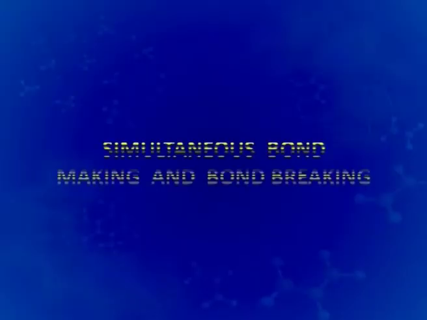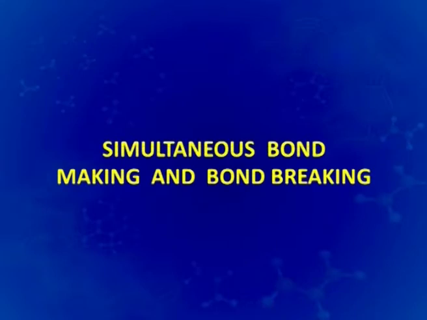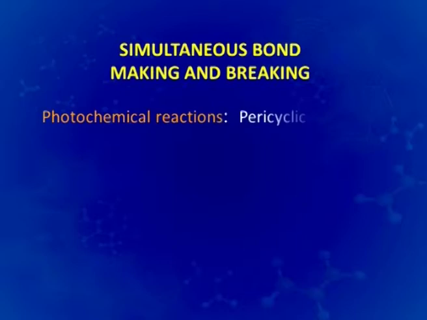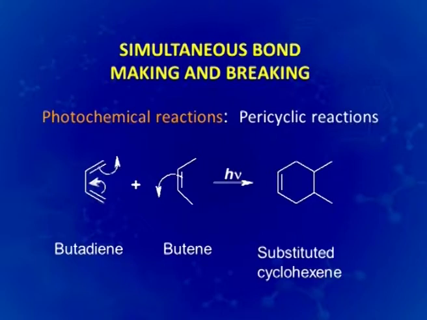There is yet another way by which bond making and bond breaking takes place, and we call it simultaneous bond making and bond breaking. What exactly happens here is, as one bond breaks, the other bond gets made also. It happens in most of the photochemical reactions, which we call pericyclic reactions. As you can see here, we have butadiene and butene, wherein, as the arrows are showing, the bond between these two gets formed.